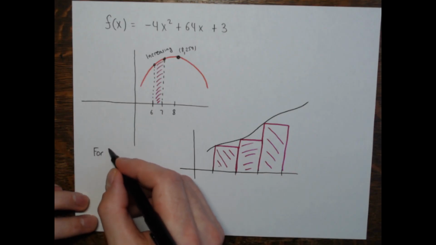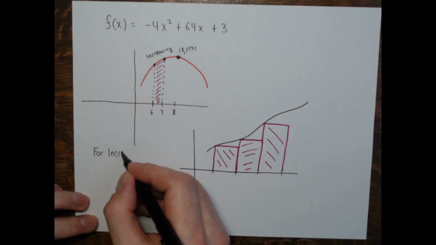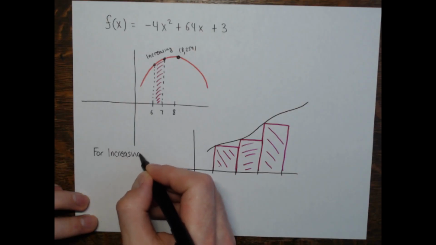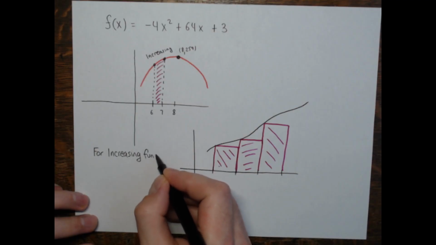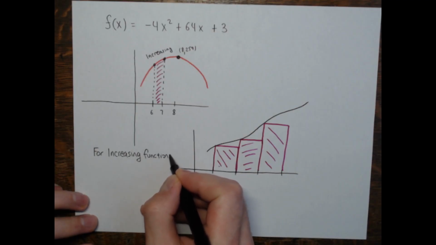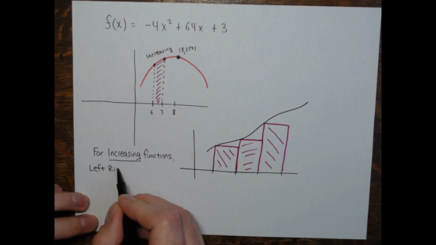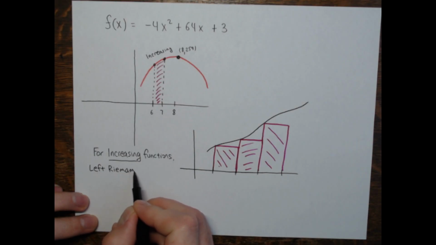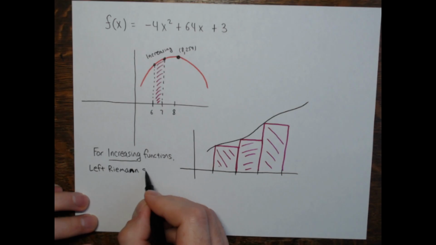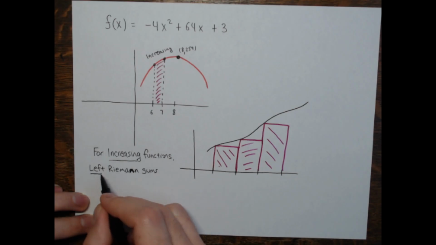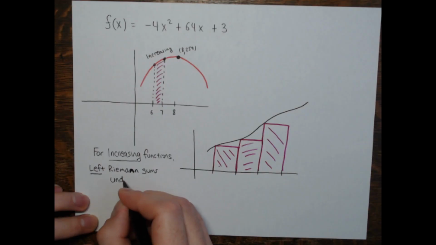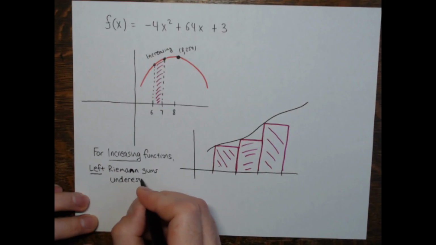So for increasing functions, these left Riemann sums, again, Riemann sum, that's an n. Left Riemann sums underestimate the area.